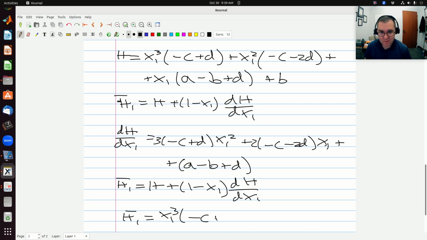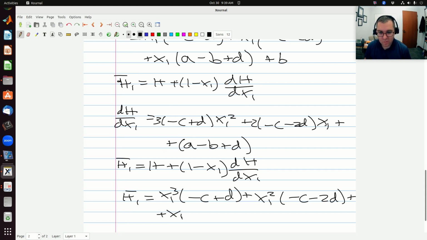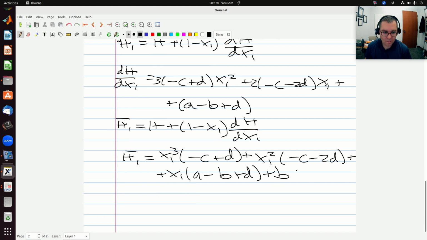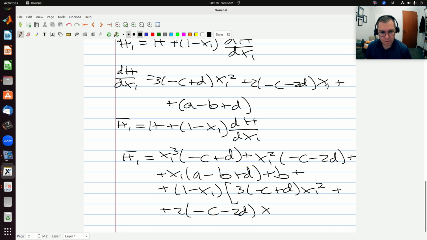So x1 cubed minus c plus d, plus x1 squared minus c minus 2d, plus x1 times a minus b plus d, plus b, plus 1 minus x1 times that equation I just worked out, which is this, still within the brackets. So that'd be my expression for h bar 1.